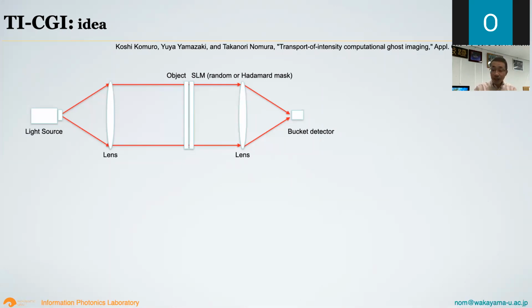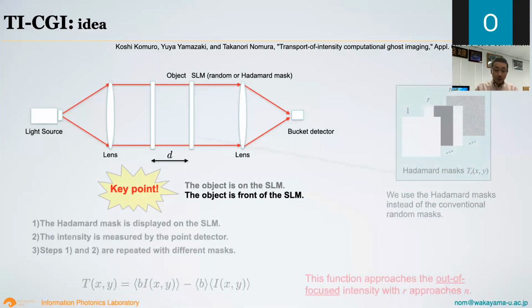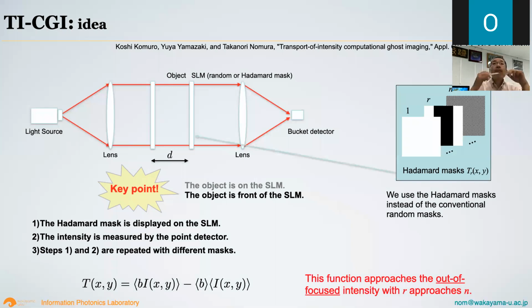But our idea is to move the object like this. In conventional CGI the object is on the SLM, but in our TI-CGI the object is in front of the SLM. This is the key point.